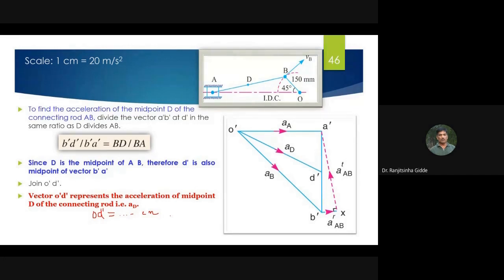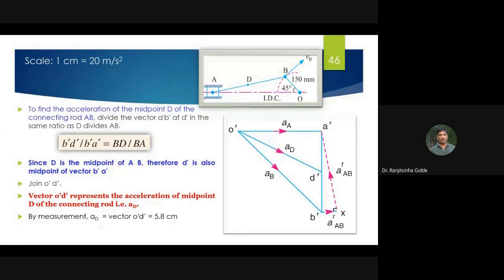ओंकार किती सेंटीमीटर आलं? 6.1. 6.1. ओके. हा, रेवणनाथ तुमची व्हॅल्यू किती आली? You can write your own values by measurement.